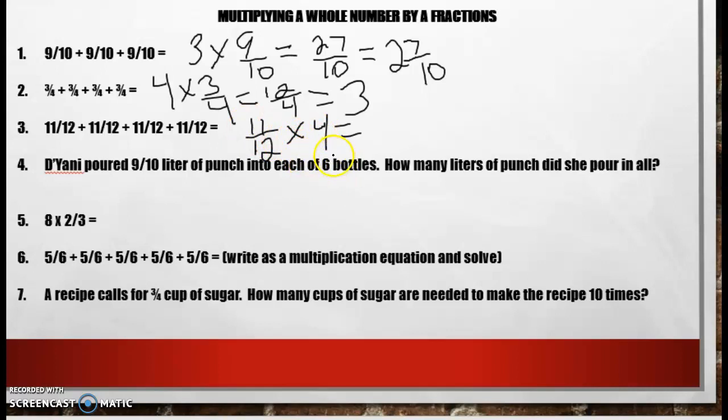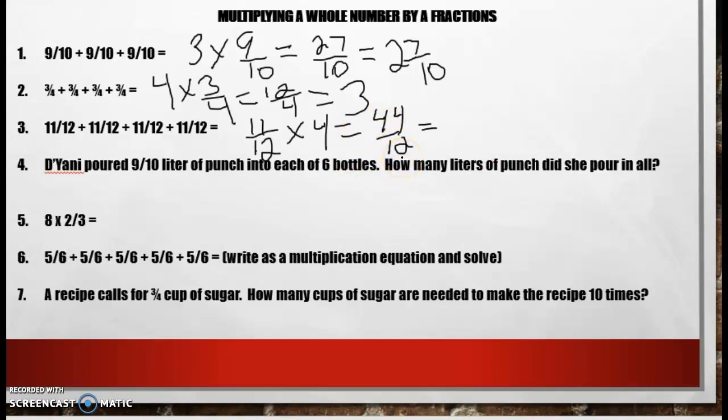All right, so we're going to think of this as 11 times 4, 11, 22, 33, 44. And it's going to give us 44/12. Okay, we're going to change it into a mixed number, so I want you to think of it as division. 44 divided by 12.